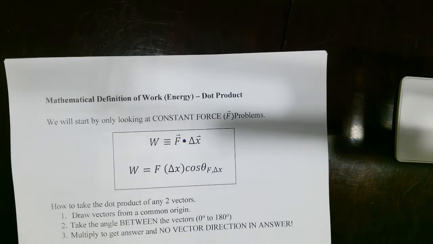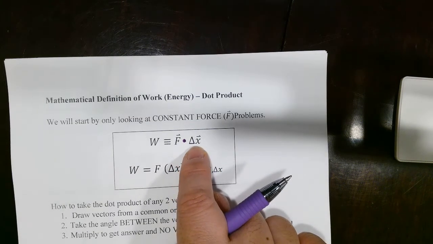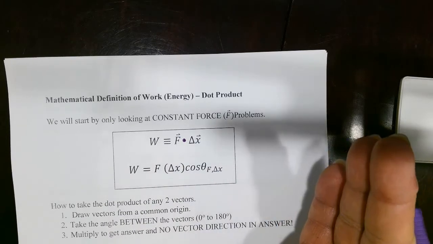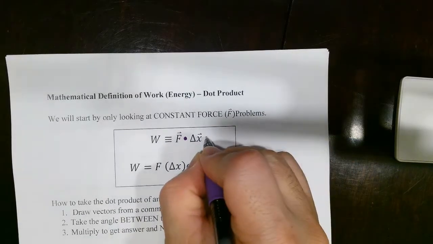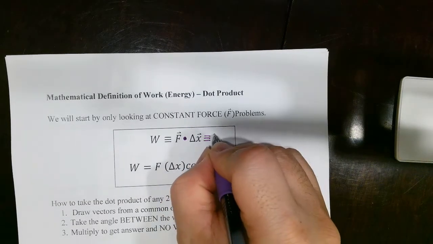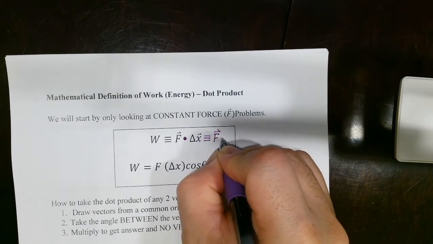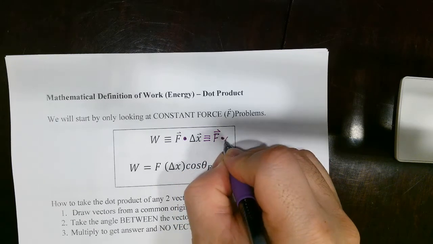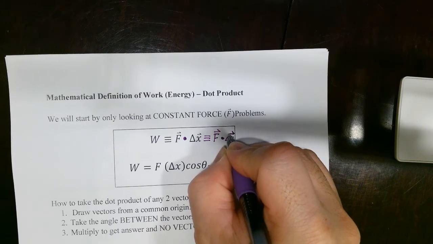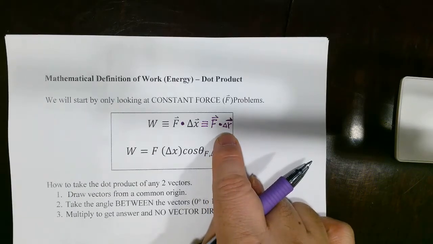So if it's only moving along the x direction, or if it changed its position along the x direction, then you use delta x. But you know this is AP1, so we're going to be in multiple dimensions. So work can also equal F dot delta R, because delta R is the change in position out in space in the x, y, z coordinate system.